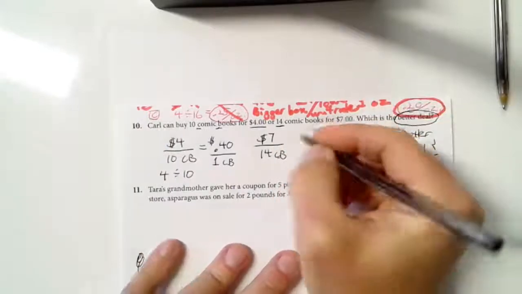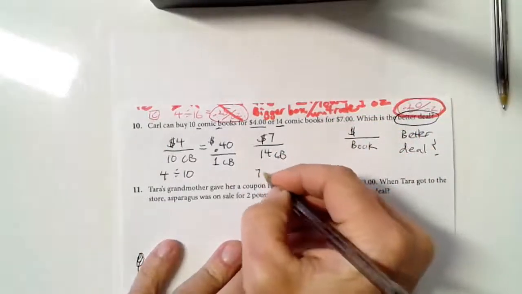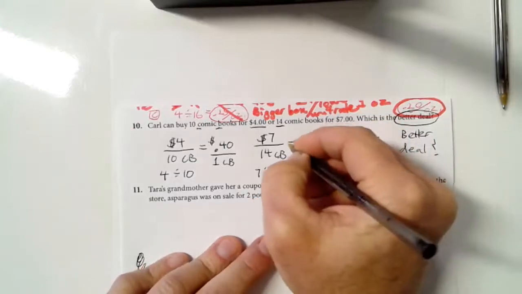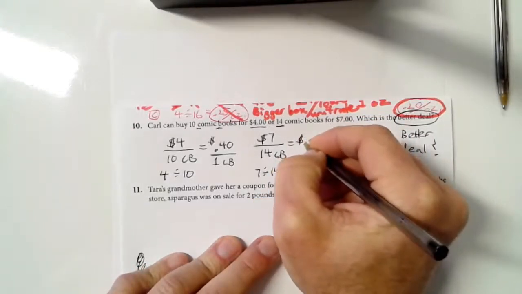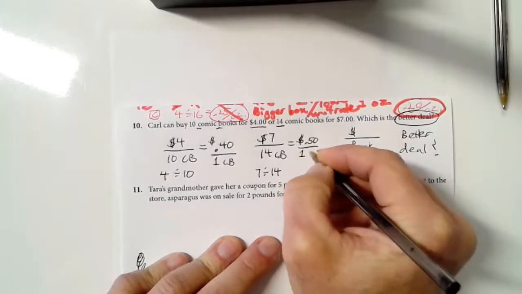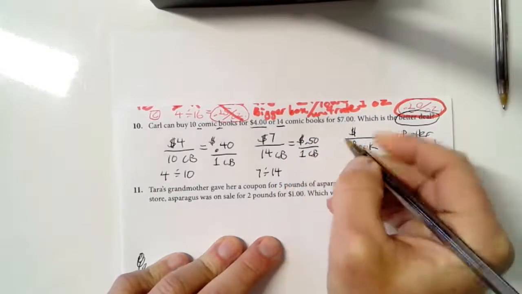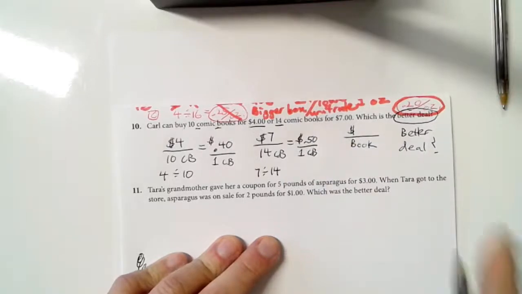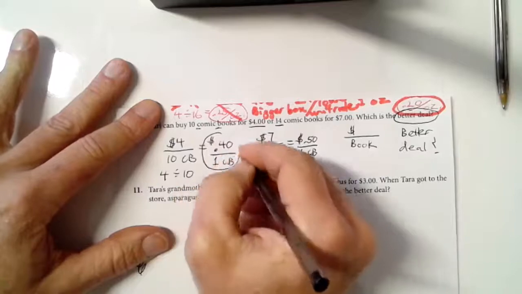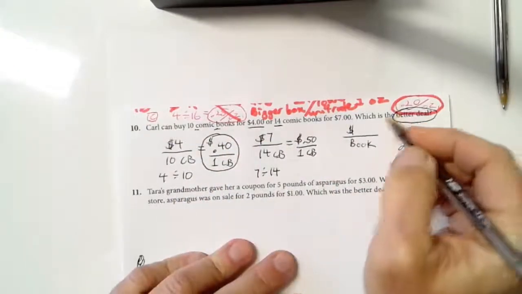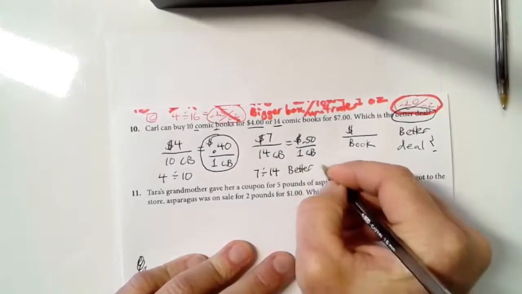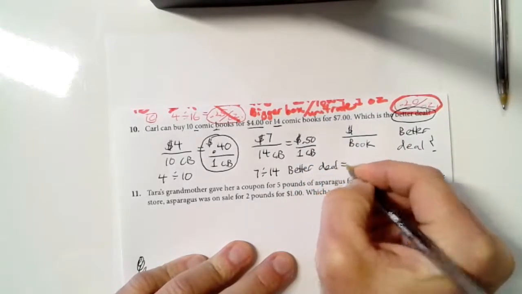And if we go 7 divided by 14, you guessed it, 50 cents per comic book. The labels are important. Which one is the better deal? That's the better deal. Better deal means lowest unit rate.